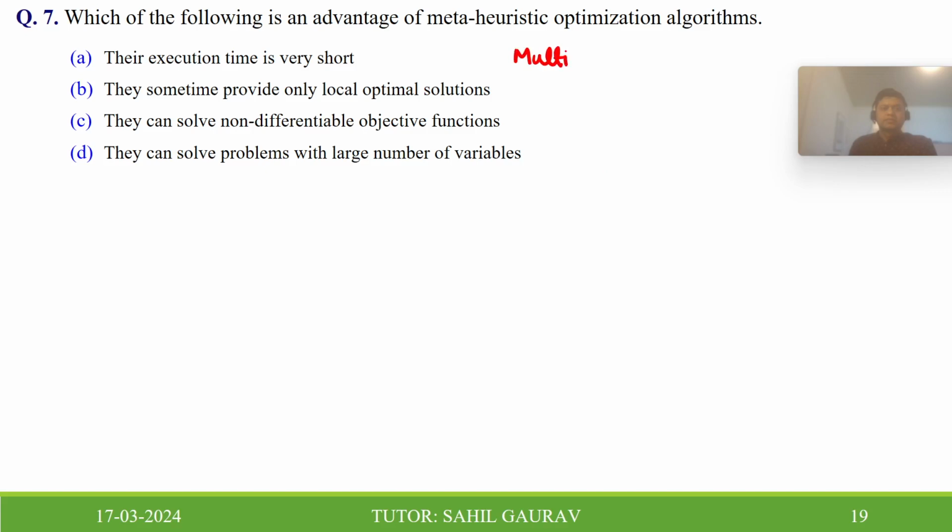More than one option is correct. The options are: their execution time is very short; they sometimes provide only local optimal solution; they can solve non-differentiable objective functions; they can solve problems with a large number of variables.